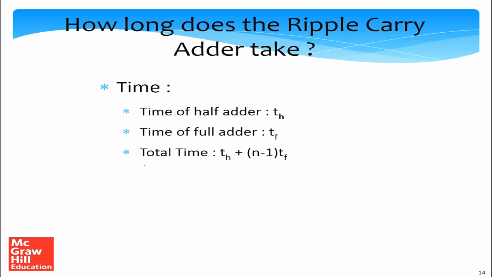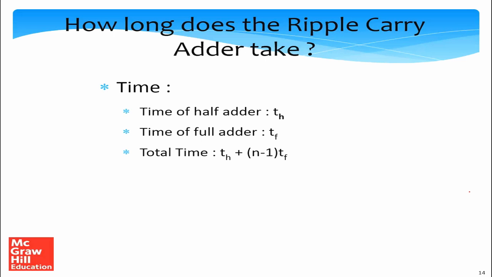So how long does the ripple carry adder take? When we design an adder, we should know how long it takes to perform the addition, such that when we compare two adders, we can compare them on the basis of time. So let us assume that the time a half adder takes is th and the time a full adder takes is tf.